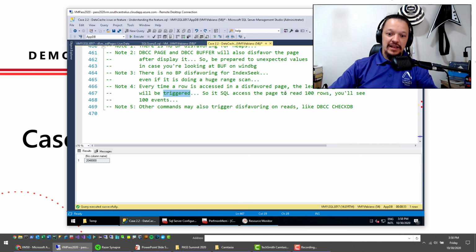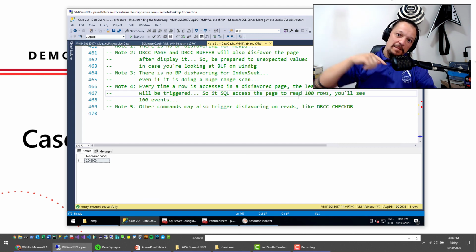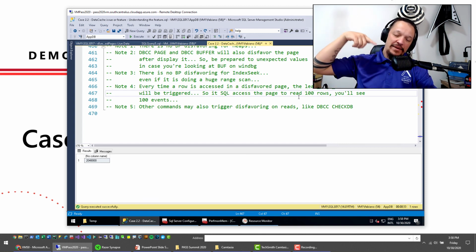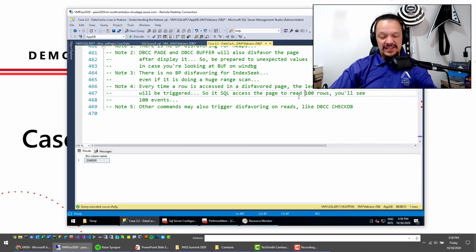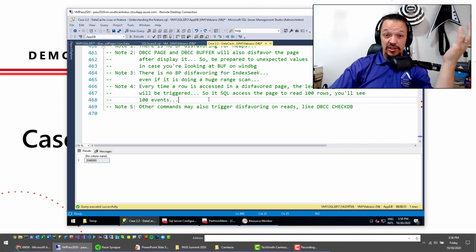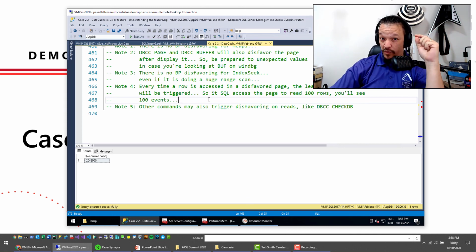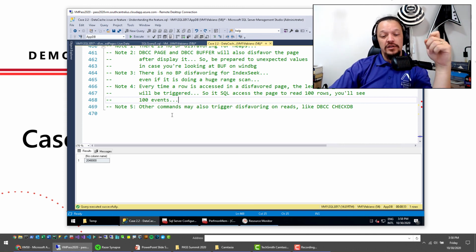So that means that if you have a page with 100 rows, for each row that SQL is reading from that page, it is updating the BUse1 field 100 times, and then triggering the X event. So if you're expecting one event per page, it's not really true. It's per row in a page.